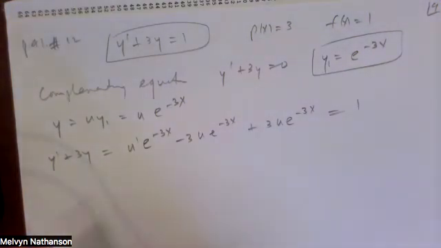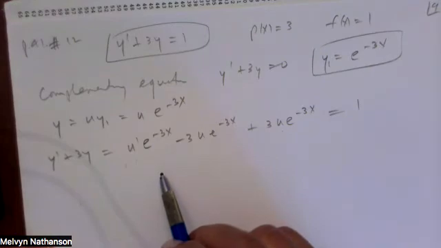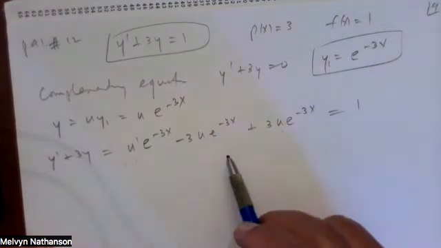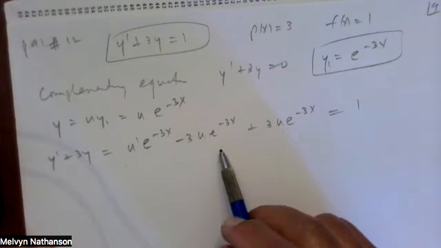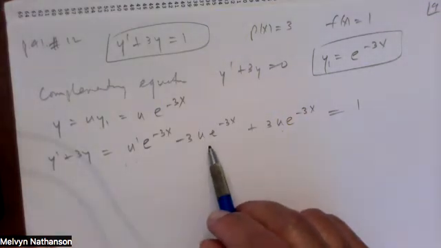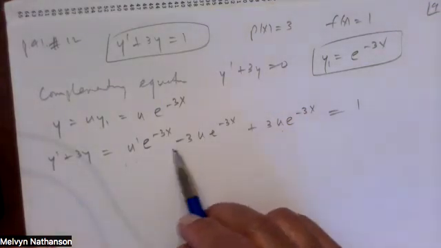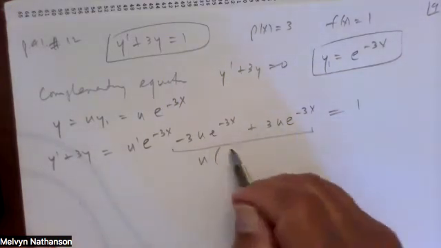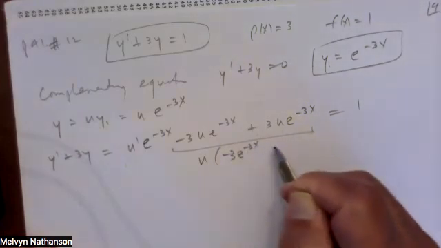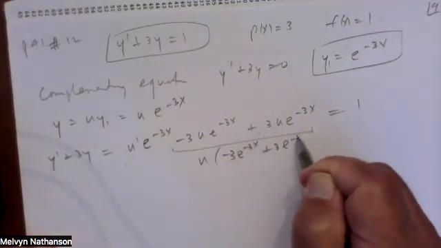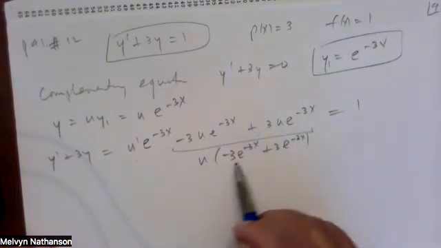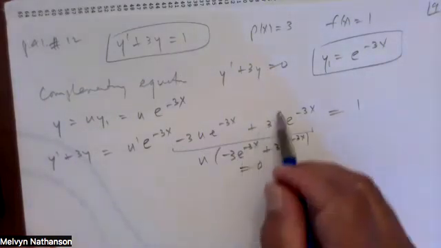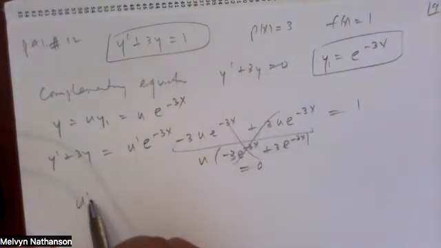Of course, what we have here is u times minus 3e to the minus 3x plus 3e to the minus 3x. So this is clearly equal to 0, right? Minus 3 plus 3 is 0. That disappears. So u prime e to the minus 3x is 1.